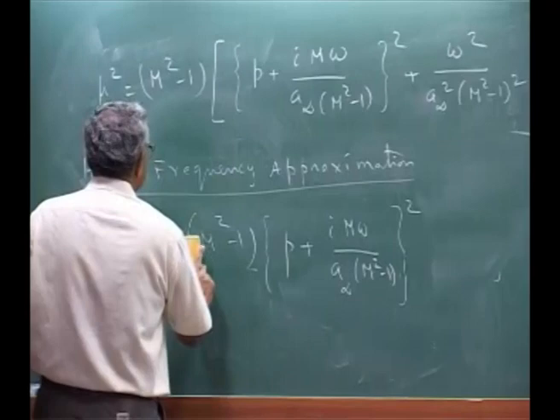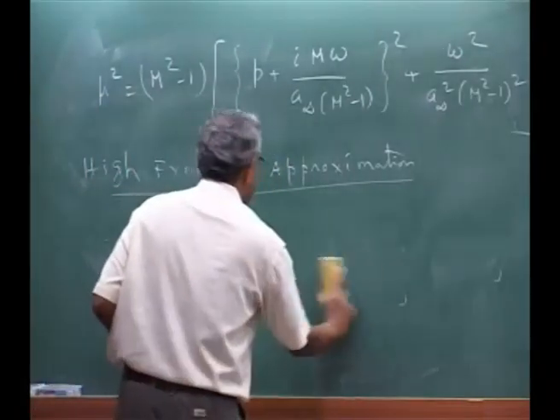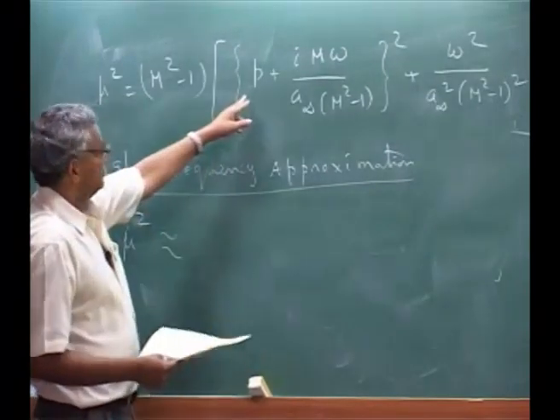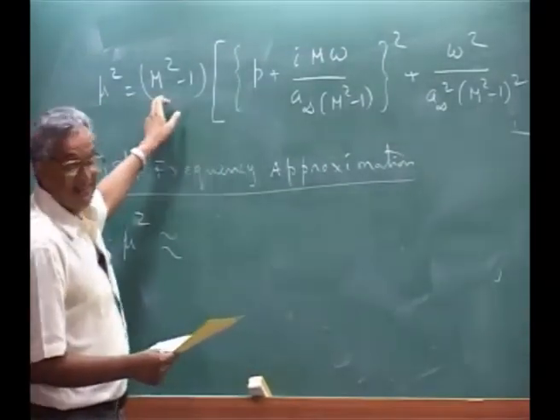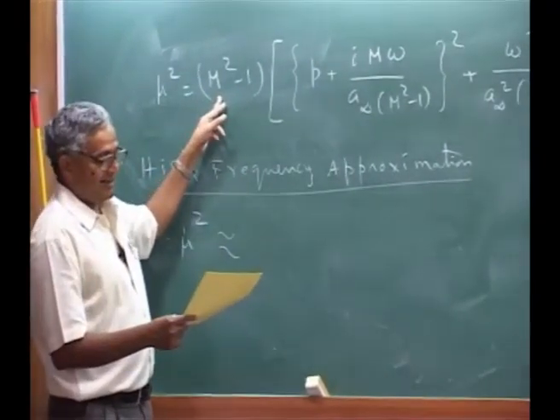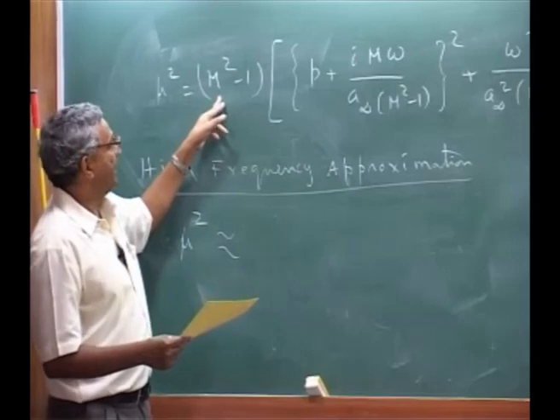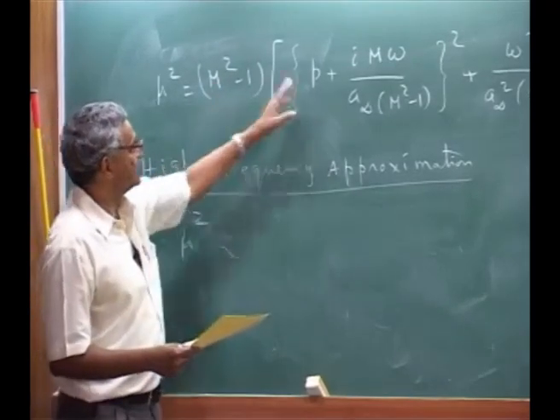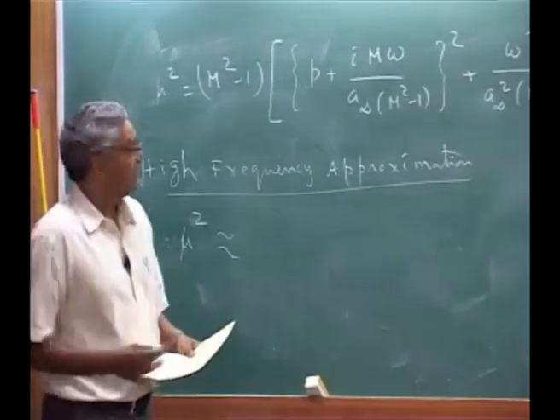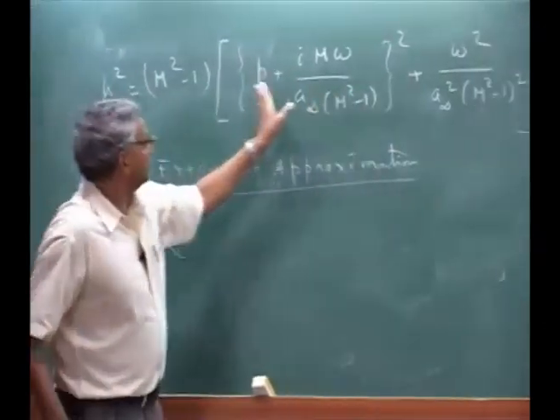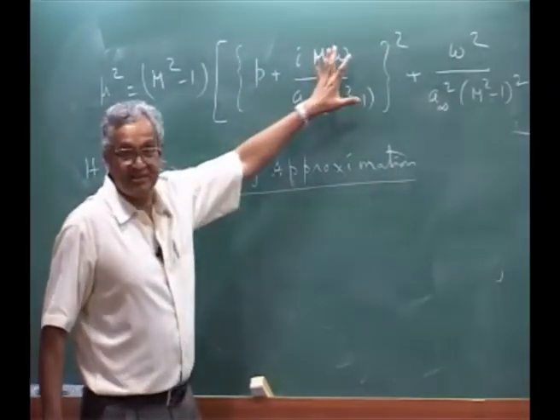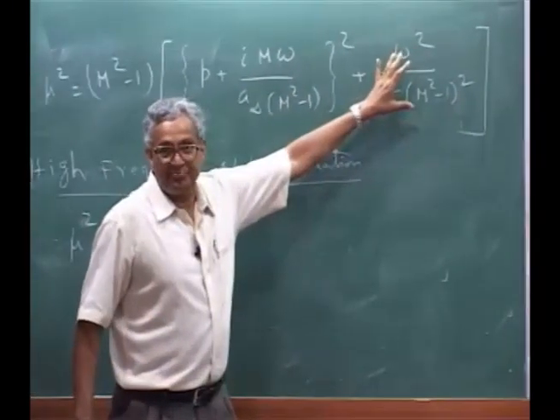What is done is, in the high frequency expression, this term m square, actually, what you do is you take it inside, you write mu square, this particular term, you expand the whole thing, p square plus 2p into this plus this term, right?